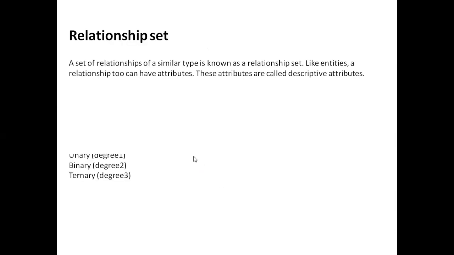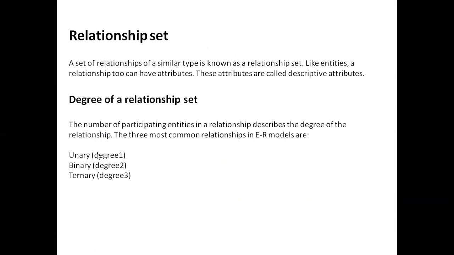So we again have three types of relationship sets, which means we can say degrees of relationship sets. Based on which kind of relationship they share, we can describe them as unary, binary, or ternary. A set of relationships of a similar type is known as a relationship set.